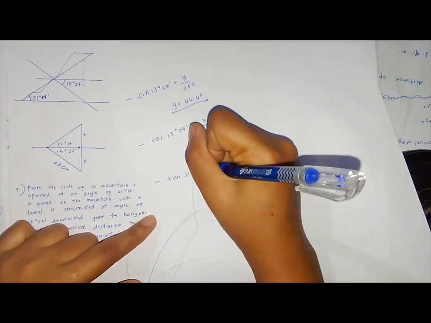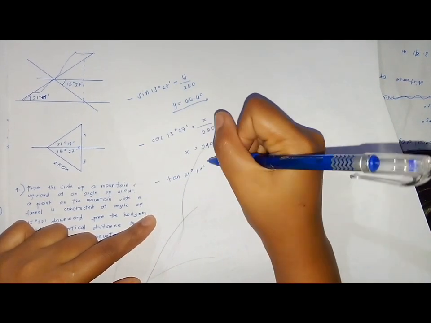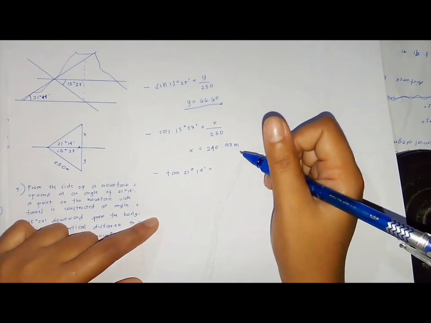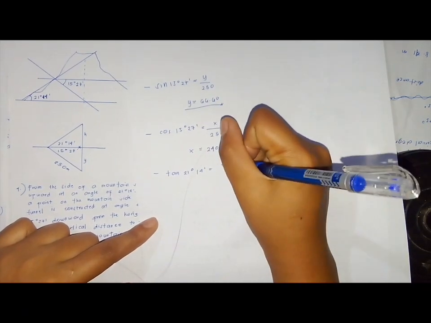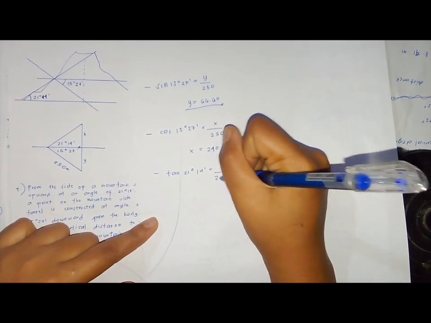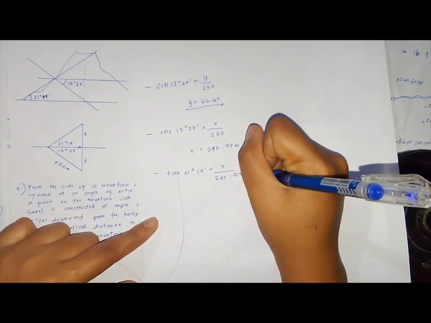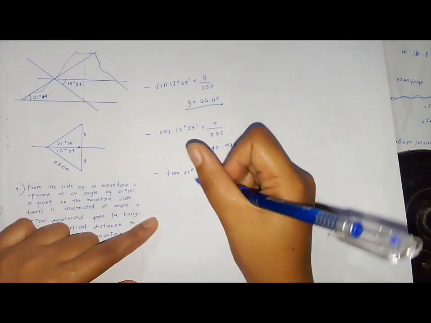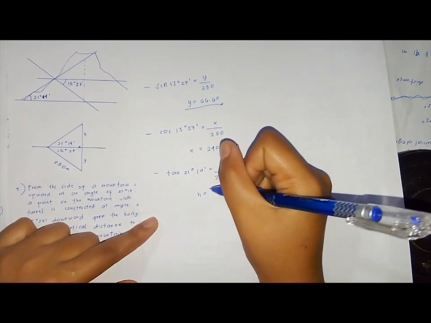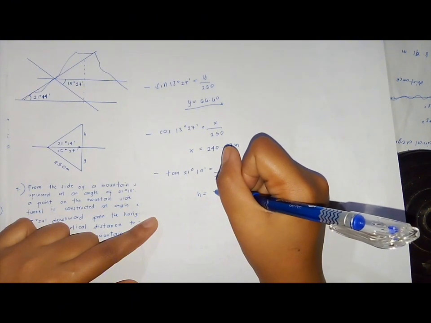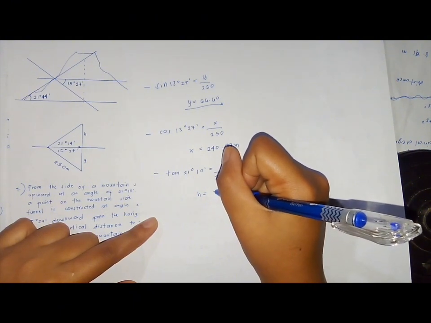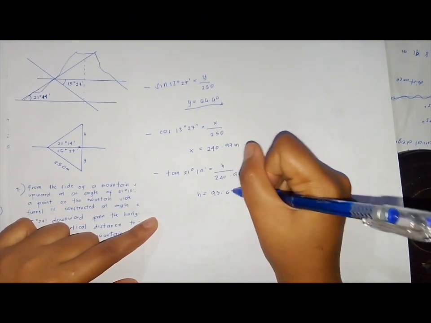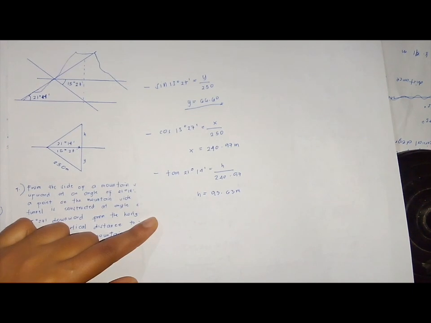So the next part, we will use the tangent. Tan 21 degrees 14 minutes is equals to h over 240.97. So the answer is 93.63 meters. So we need to add the h and y.